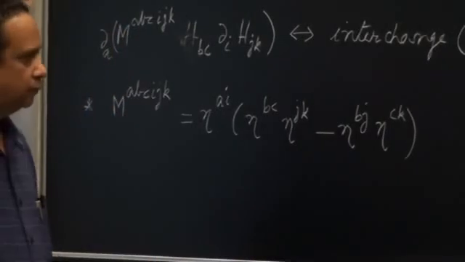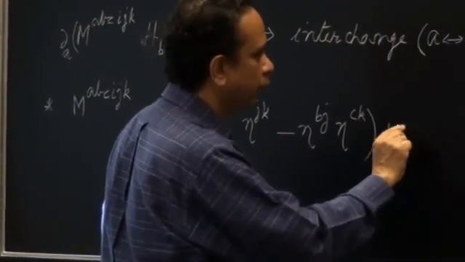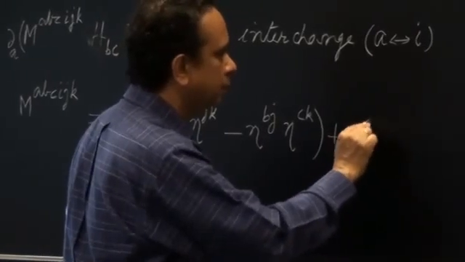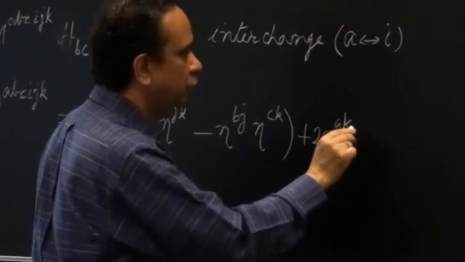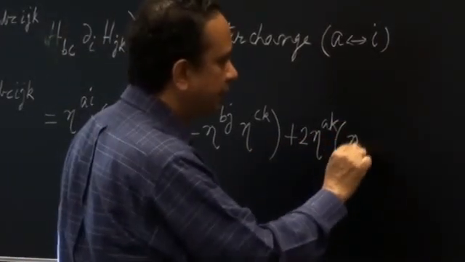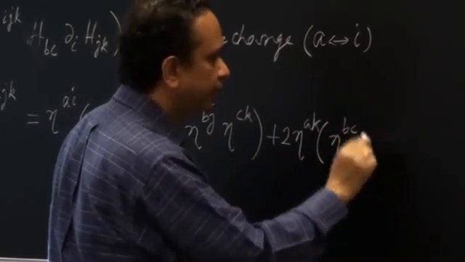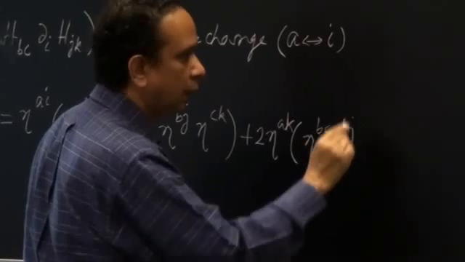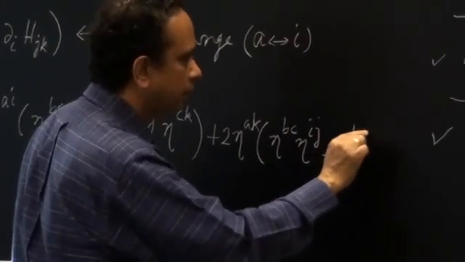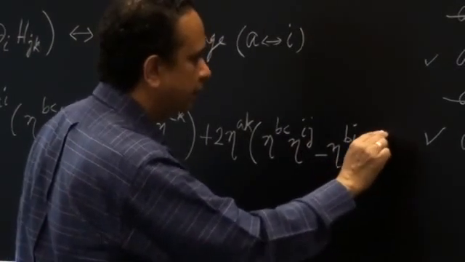Then you get a term which is the other two with a factor 2, eta AK, which is common in both. Then you get eta BC, eta IJ minus eta BI, eta CK.